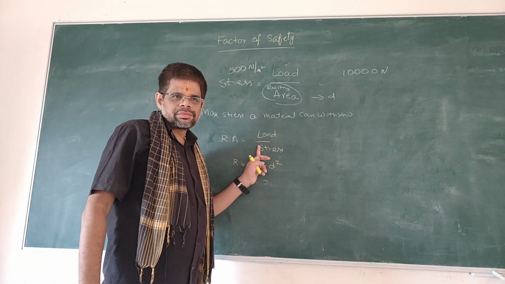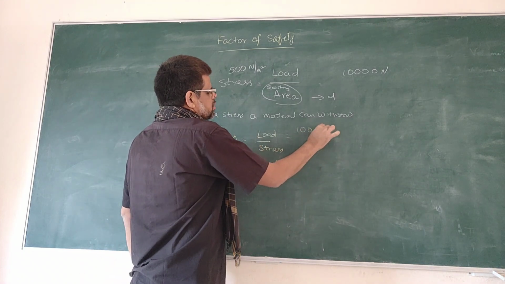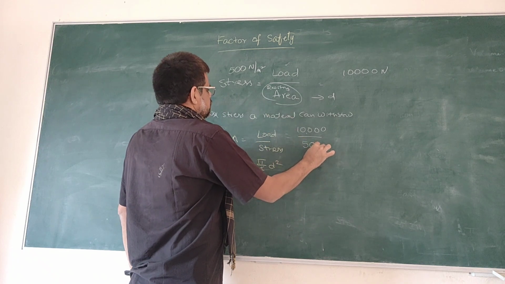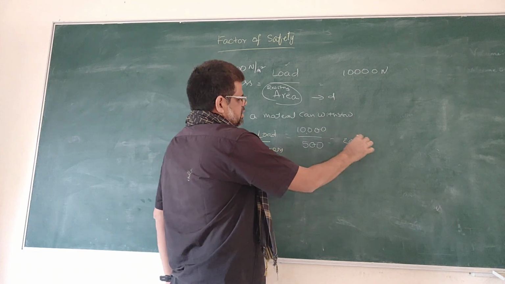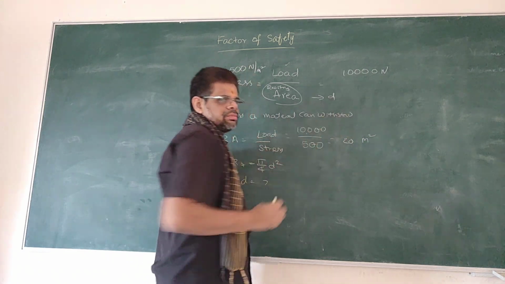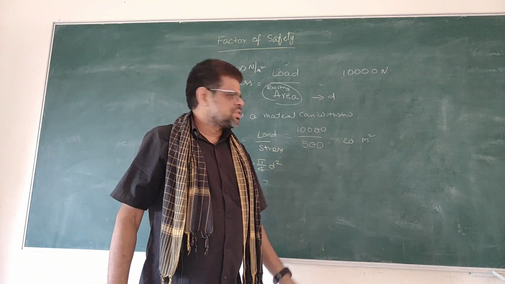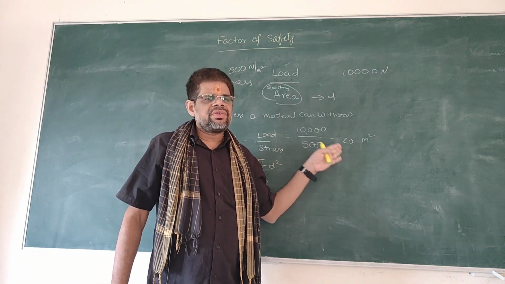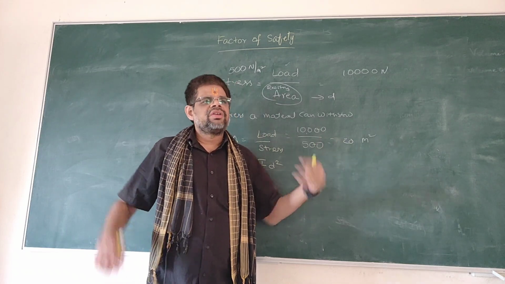This formula. So the resisting area will be this load 10,000 by 500. This is 20 square meters. So from this you can determine the value of d. That's fine. So your design is to have a resisting area of 20 square meters. Right? You have designed it.